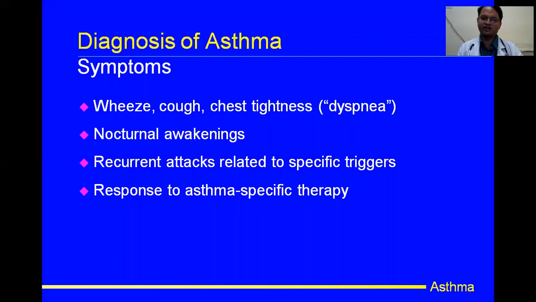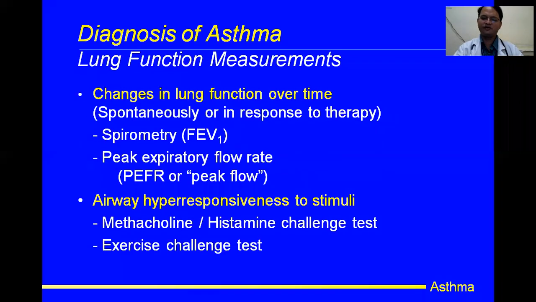These specific triggers might be exposure to house dust mite, animal dander, pollens. Whenever there is exposure to these triggers, immediately the lung collapses or the bronchi get obstructed. The response to asthma-specific therapy terminates the asthmatic event.